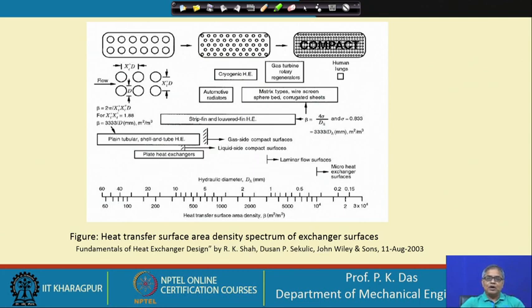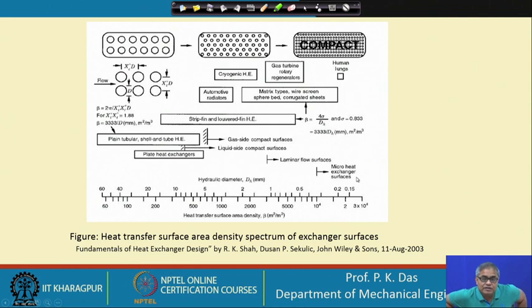So, we have got different methods of creating very small geometry with a large amount of surface area. Surface variation will increase the heat transfer coefficient, surface area will increase the rate of heat transfer. So, we have got a variety, that means micro heat exchanger surface.